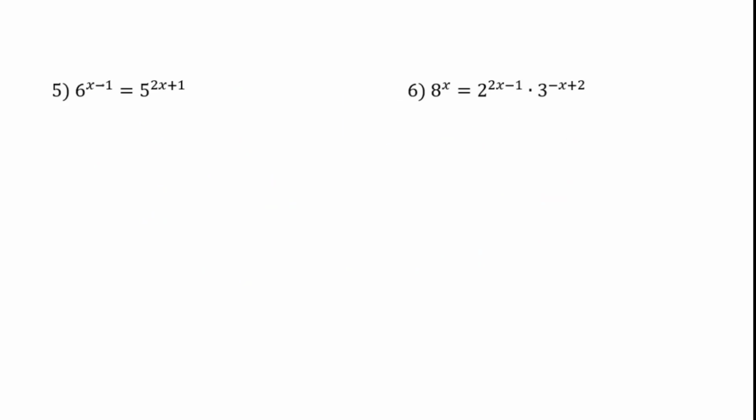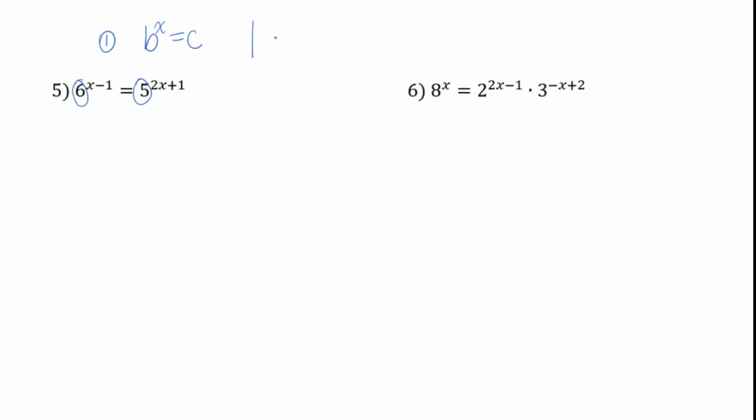6 to the x minus 1 power equals 5 to the 2x plus 1 power. We could say the bases are different. When you see a question like this, remember your goal is to get the b to the x power equals c form.